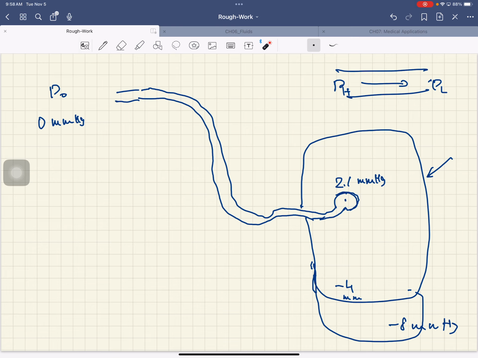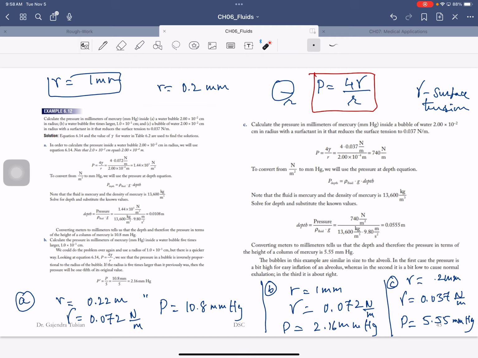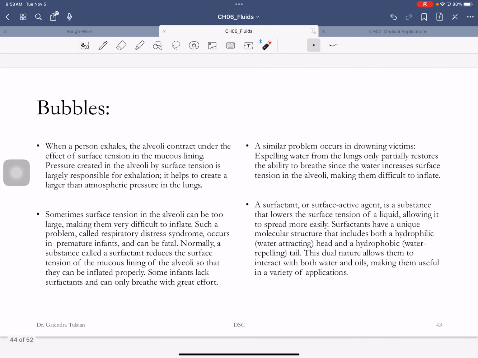Now let's look at another disease. Sometimes surface tension in alveoli can be too large. Here's the expression for pressure, gamma divided by R. If this is too large, the pressure inside the alveoli is too large, and then it's harder to breathe in. It's harder to inflate the alveoli.